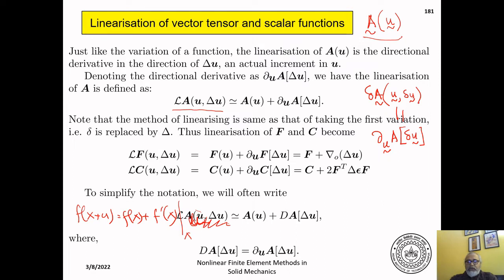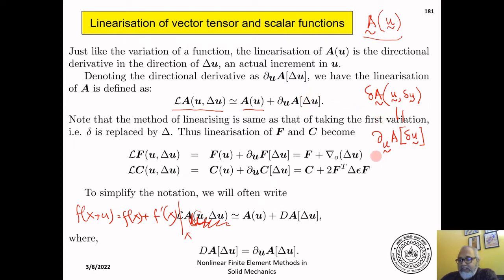Okay, so similarly, the linearized form of A is A evaluated at u plus the directional derivative of A in the direction of the increment in the displacement vector, which we call triangle u.